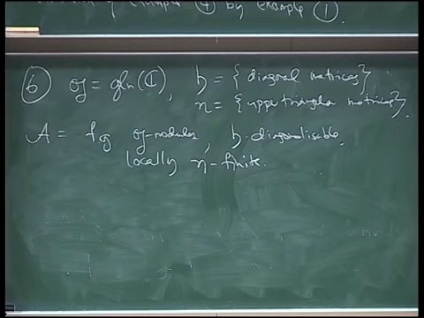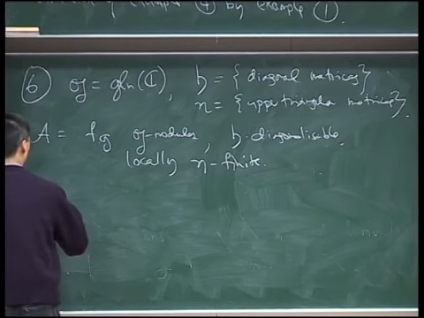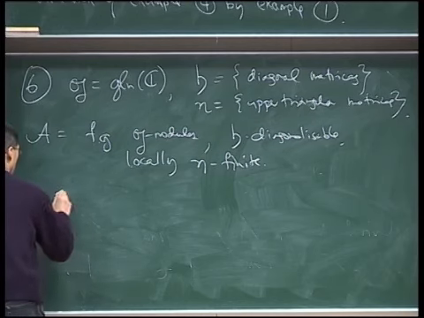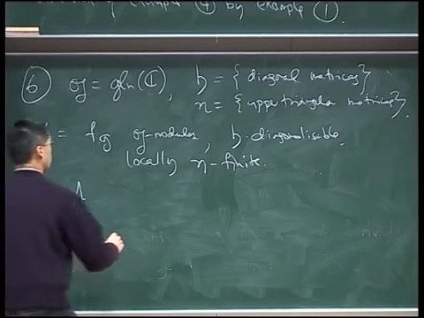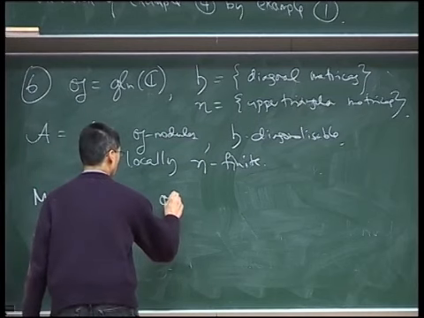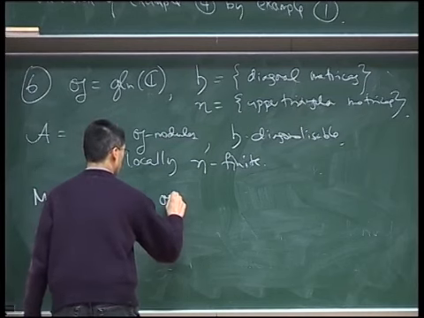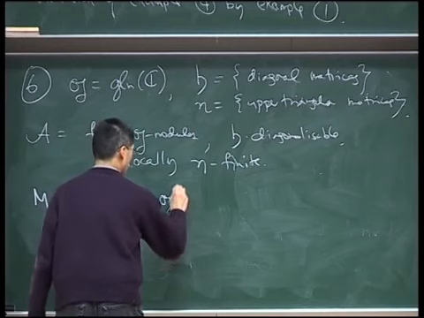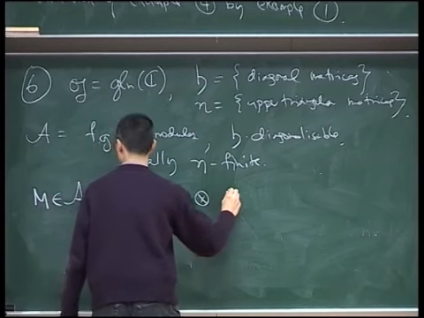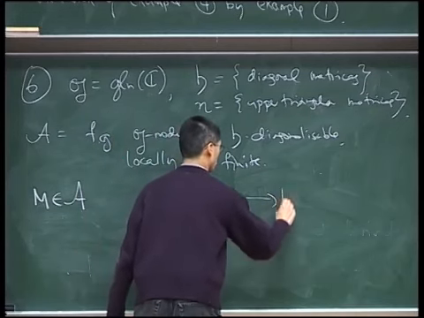Okay, now suppose we have such a module. Okay, then it's given by some action map, GLN tensored with M mapping to M.